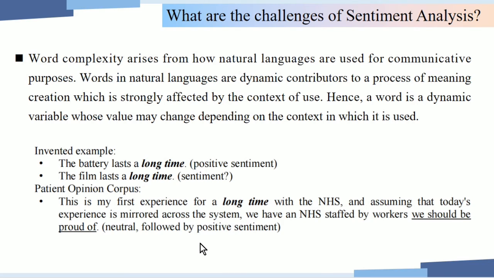If the film is great, it's okay to last a long time, and that is positive. But if the film is so boring that it lasts a long time, the sentiment is negative. We don't know the context of this sentence, so we cannot decide.